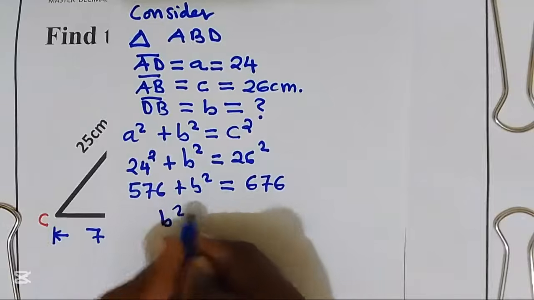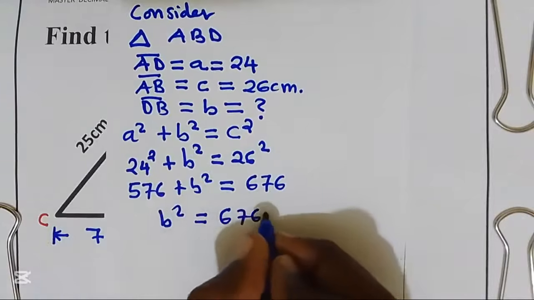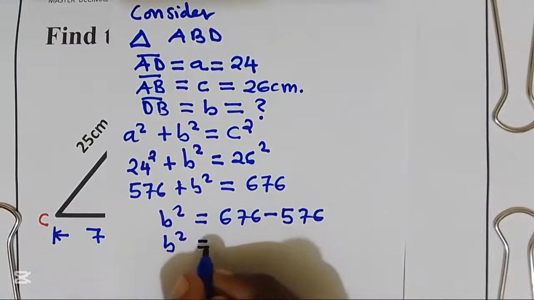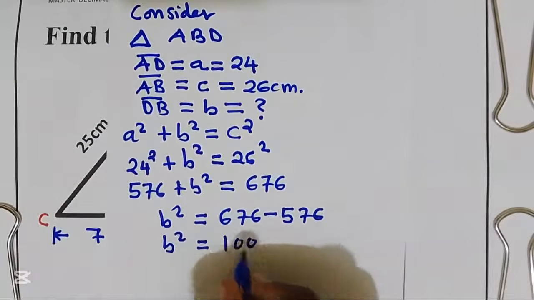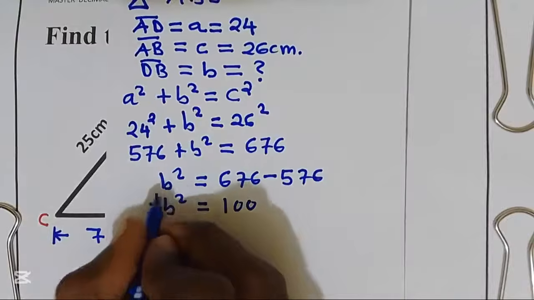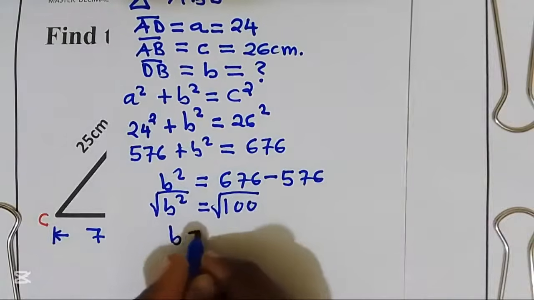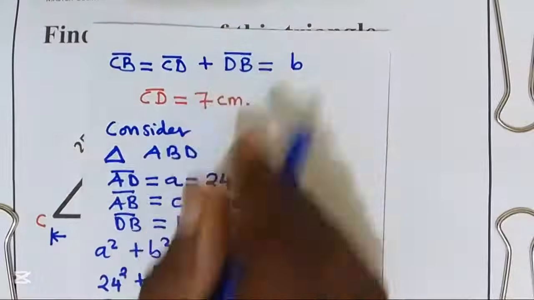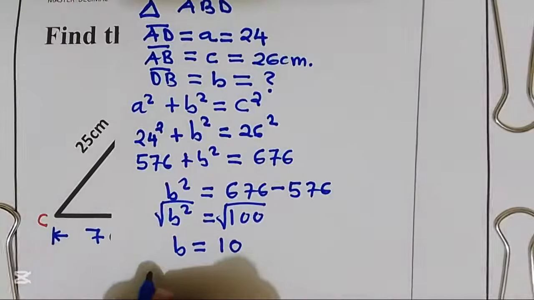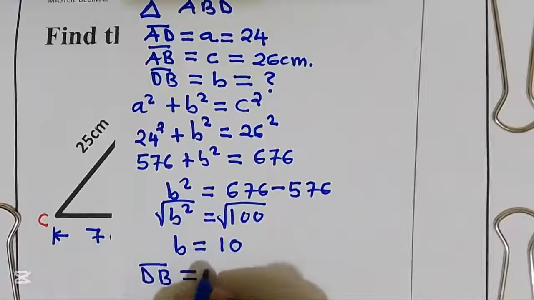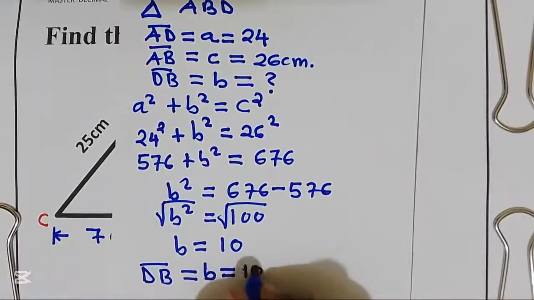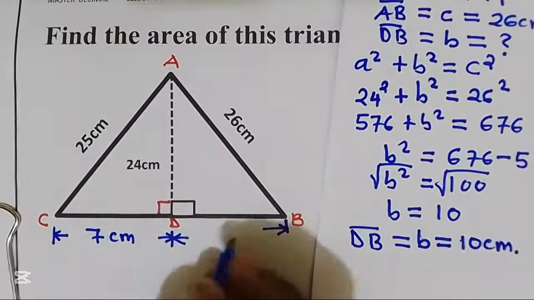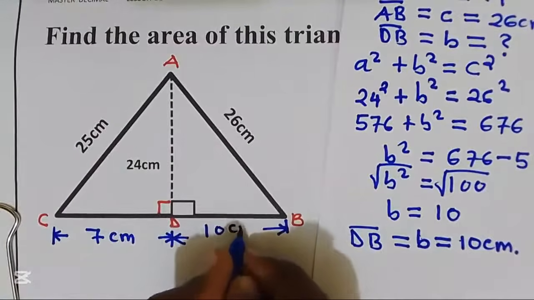We get b squared is equal to 676 take away 576, so b squared is equal to 100. Take the square root both sides. We get b is equal to 10. But b is the same as distance DB. So distance DB is now 10 centimeter.